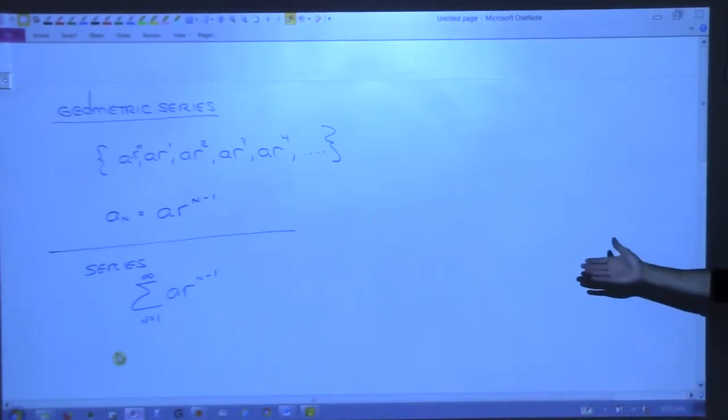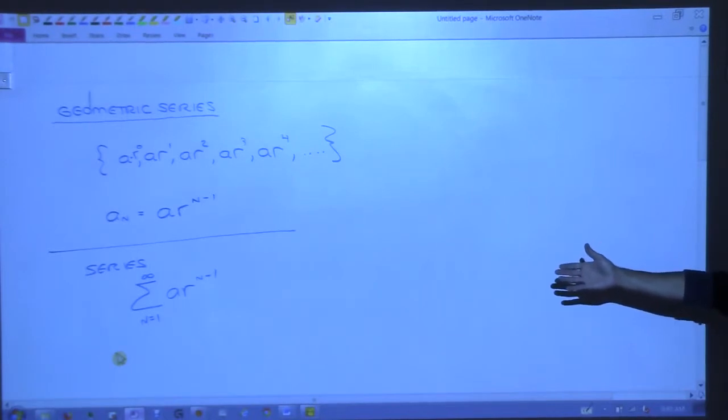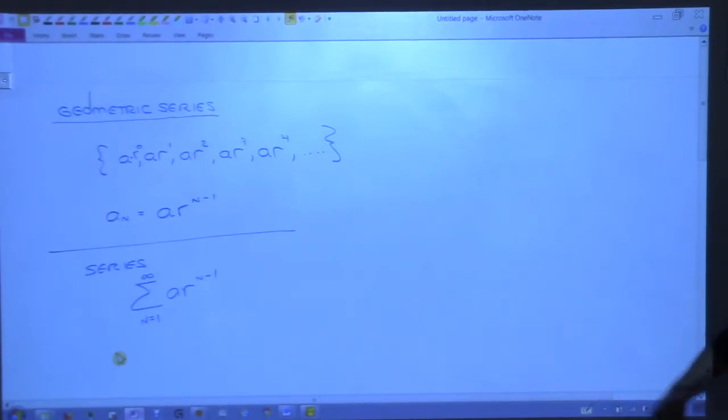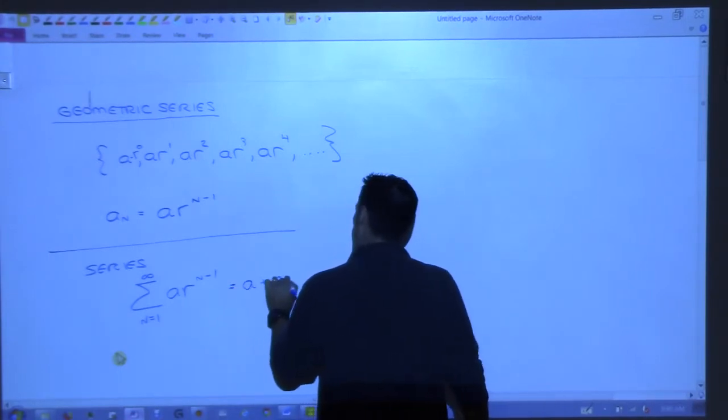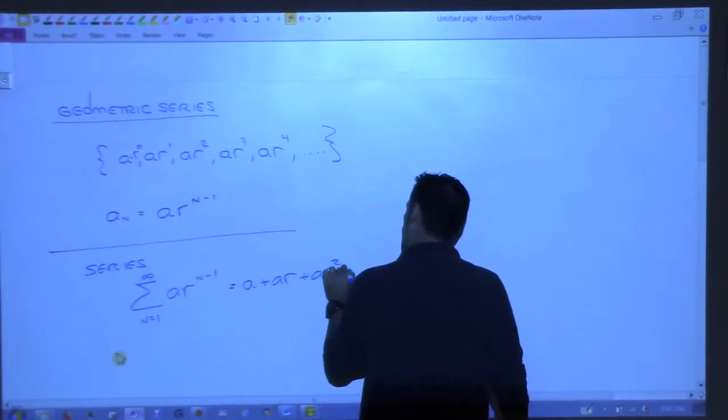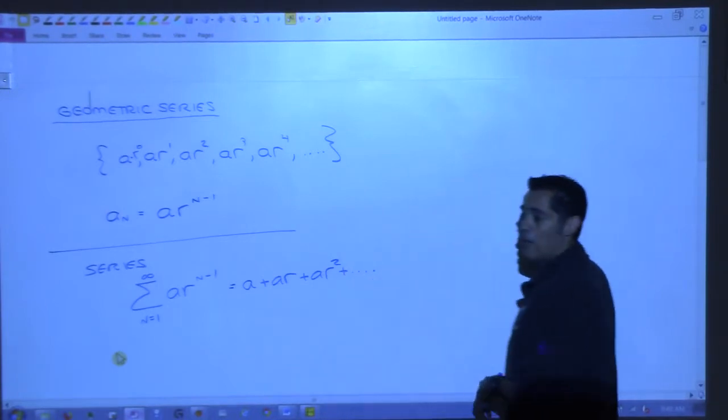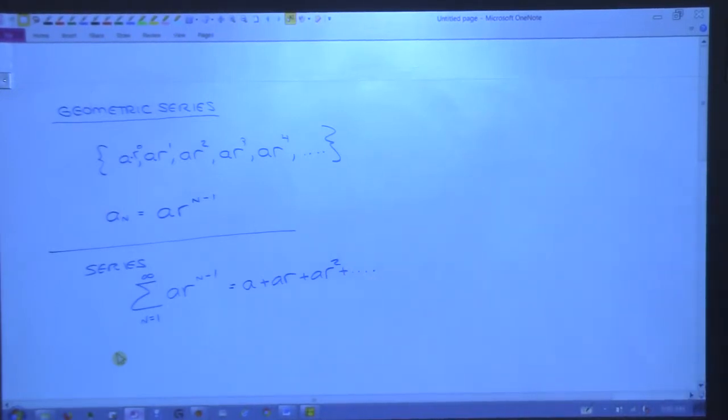All geometric series look like this. So this is really just a plus ar plus ar squared plus dot, dot, dot, and never stop.